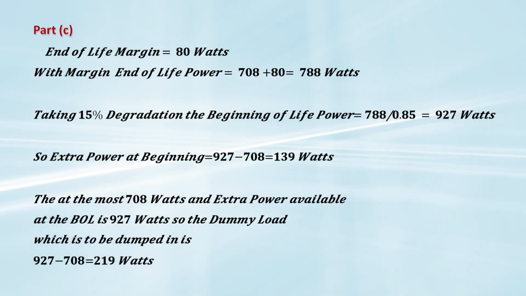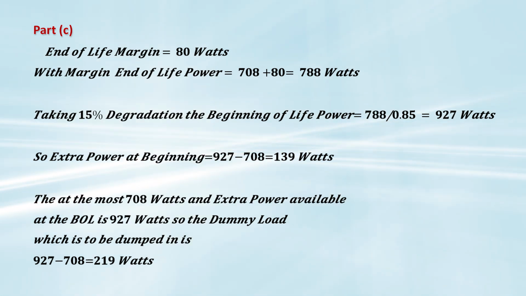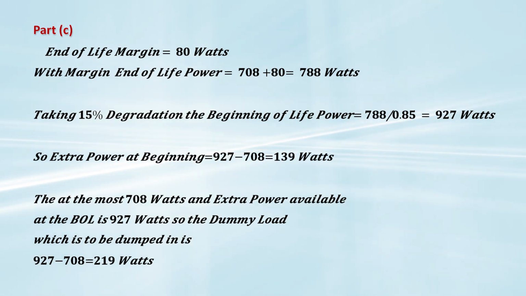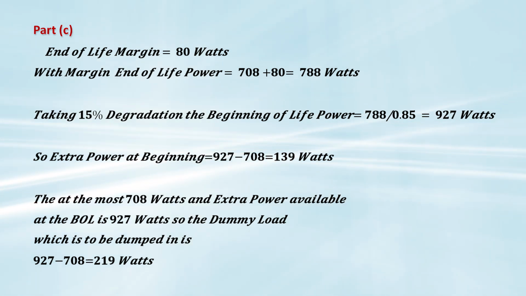Then in part C, it is given that an end of life margin of 80 watts has to be considered. So, with the margin, the end of life power will be 708 plus 80, that is 788 watts. Now, taking 15% degradation at the beginning of life, it will be 788 divided by 0.85.